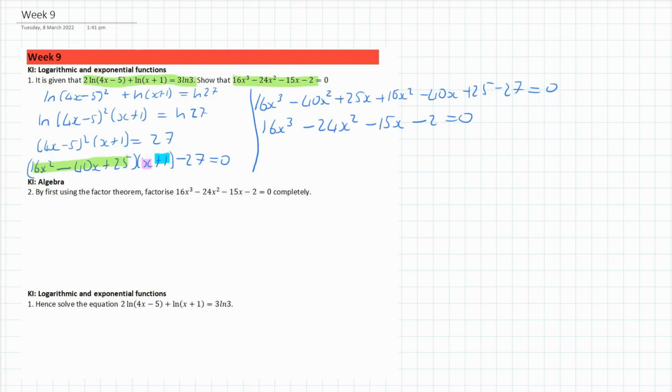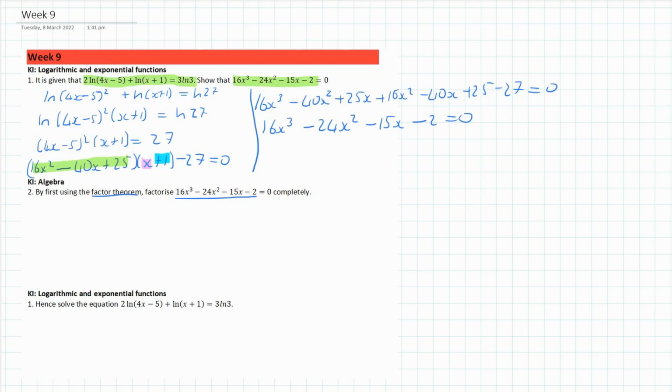Now, this next question is an algebra question. We've got to factorize what we've just found. So if we factorize it using the factor theorem, what I'm going to do is put this into my calculator using my table function mode. So if you go to your table function mode, for me it's number 7, I type this whole thing in.